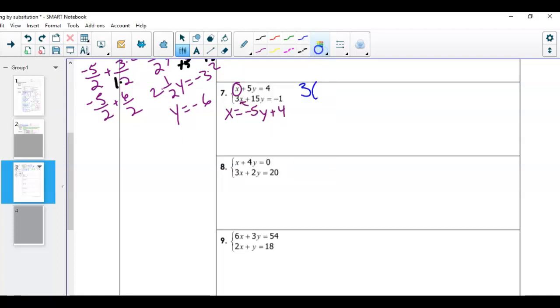And I just realized I changed all my colors, I'm sorry. Okay, I can combine my like terms. Here, when I combine my like terms, -15 plus 15 cancels or becomes 0, so I have no y's left, and I end up with this.